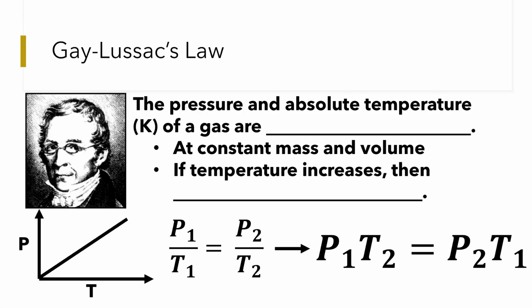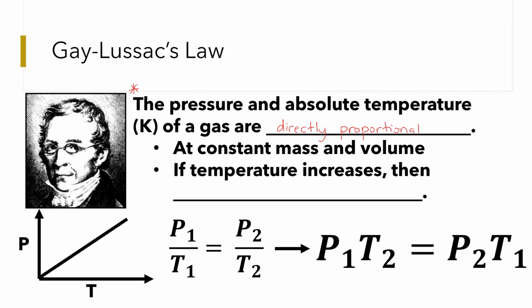Now I want you guys to write down the relationship between pressure and temperature. So the pressure and temperature of a gas is directly proportional. Or if, again, the word "the same" helps you out, you guys can write it down as such.